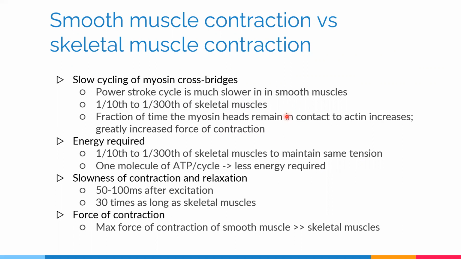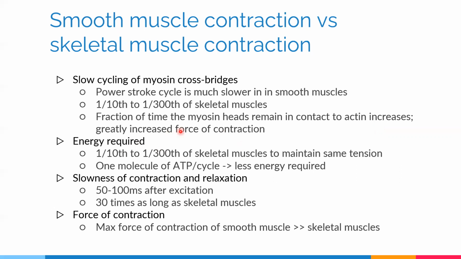This slow cycling can be seen as a disadvantage at first, but actually it increases the fraction of time the myosin heads remain in contact with the actin active sites. And the contact time between the actin active sites and the myosin cross bridge head is what determines the force of contraction of the muscle. So this slow cycling does indeed help in greatly increasing the force of contraction of smooth muscles.